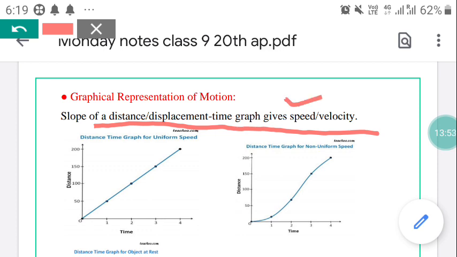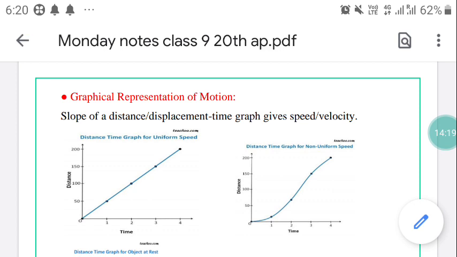So if you find the slope of a distance time graph, it will give you the magnitude of speed, the value of speed, whereas if you find the slope of a displacement time graph, it will give velocity. As you know, velocity is the ratio of total displacement upon total time taken.